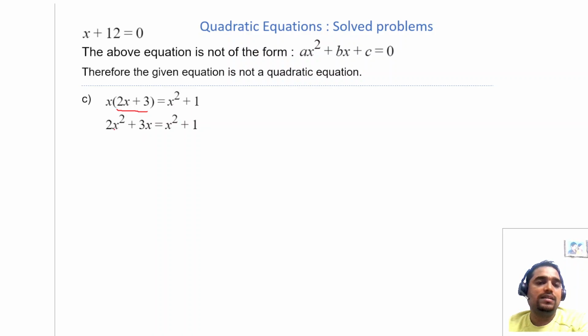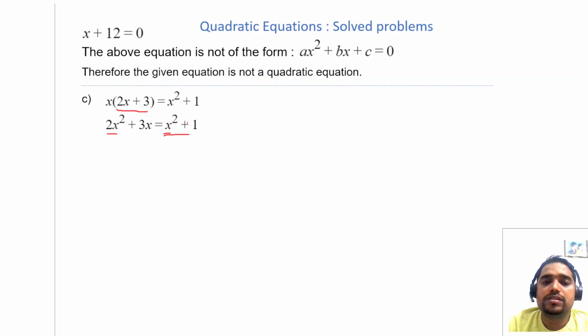Now we see that similar to what we had seen in problem number 2, wherein there was x square on both sides, in that particular problem we had cancelled, but here we cannot cancel because this is 2 times x square and this is 1 time x square. You cannot cancel them just like that because the coefficients are different. Now how to simplify?